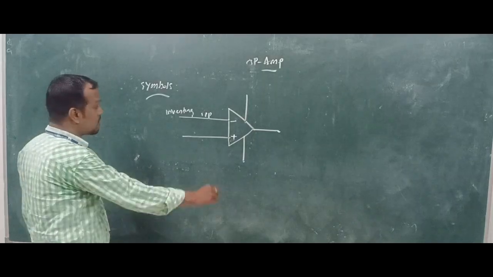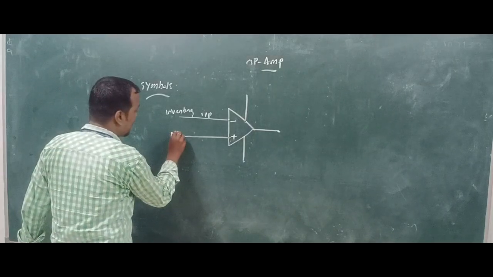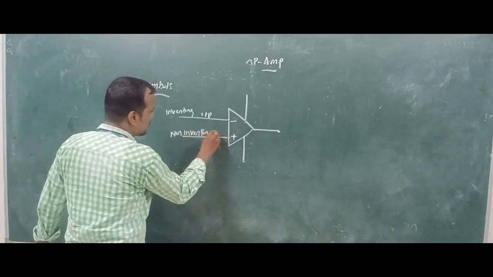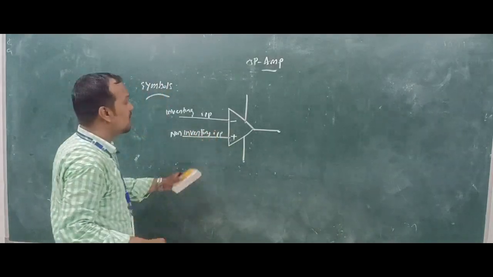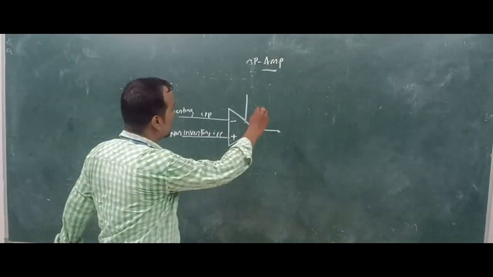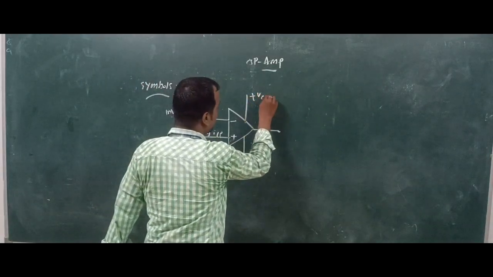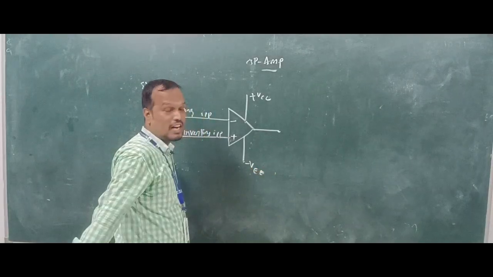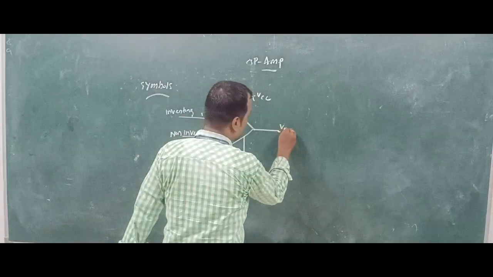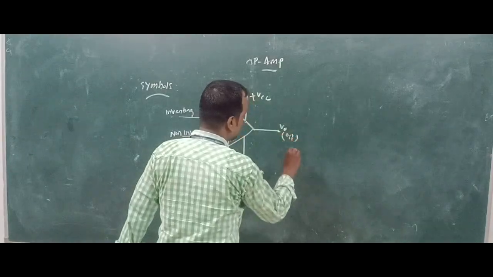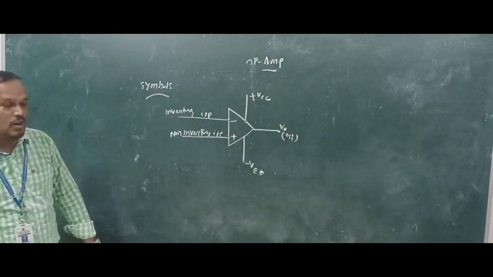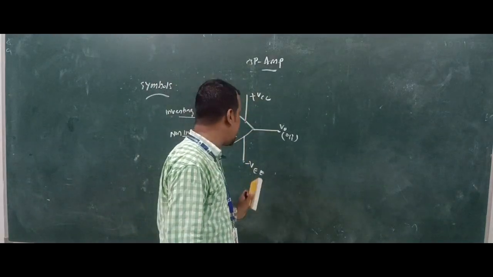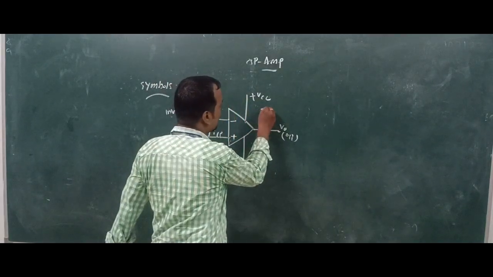The second is the non-inverting input, which indicates the positive side. Then VCC, positive bias supply, VEE, negative bias supply, and the final one is the output, which stands for V0. So according to the symbol, the op-amp has 5 terminals: inverting input, non-inverting input, positive bias, negative bias, and output.